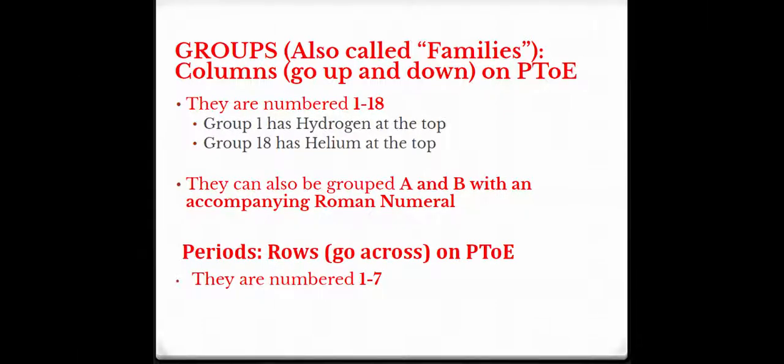They can also be grouped A and B with a Roman numeral. The second sorting of the periodic table are periods, which are the rows that go across on the periodic table. These are numbered 1 through 7.